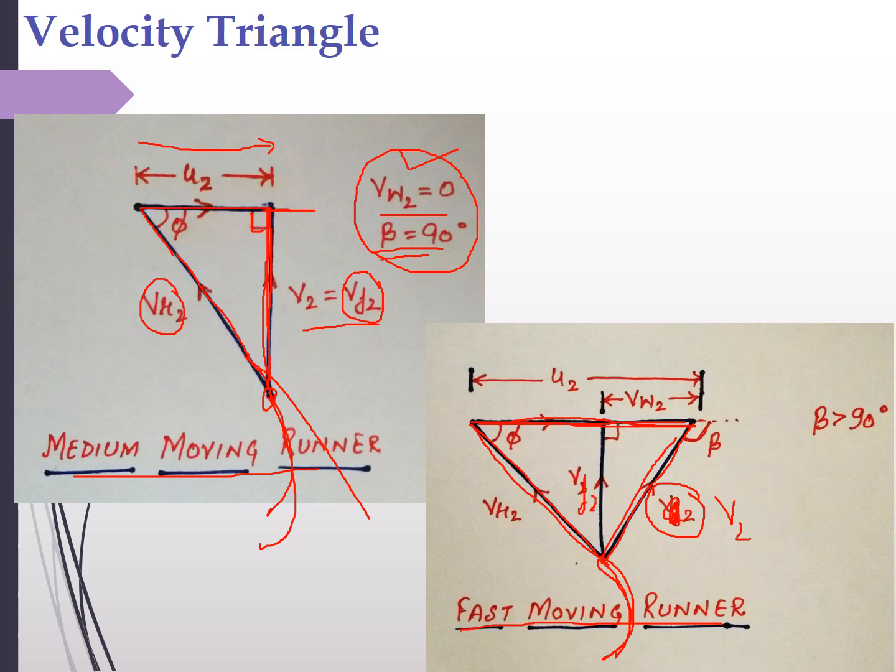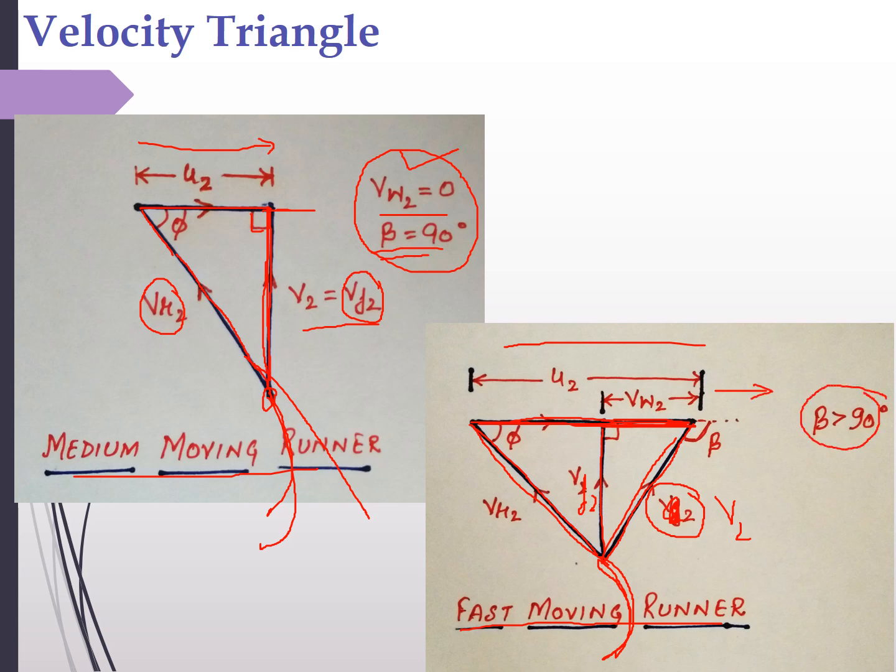I have wrongly written over here, it is basically V2 and it is VF2. So this V2, when it is resolved into the perpendicular direction, will give you VF2, and the other component, which is parallel to the direction of the motion of the vane, will be denoted by VW2. Here you can say with the increase in U2, the VW2 is essentially moving towards that side.